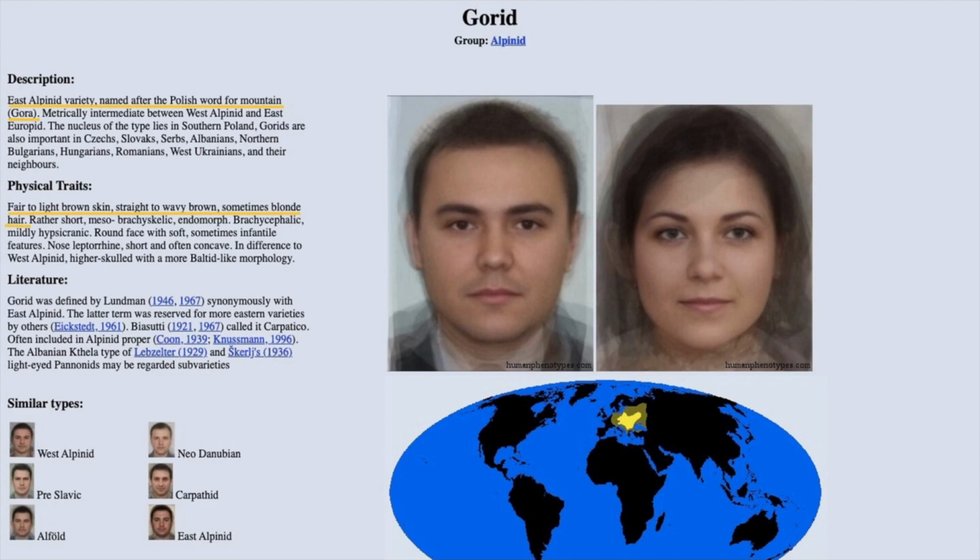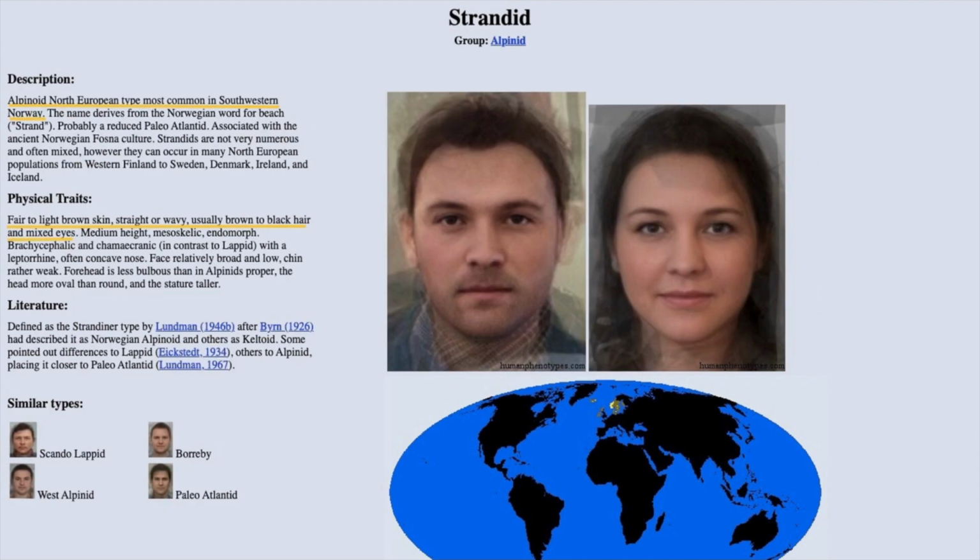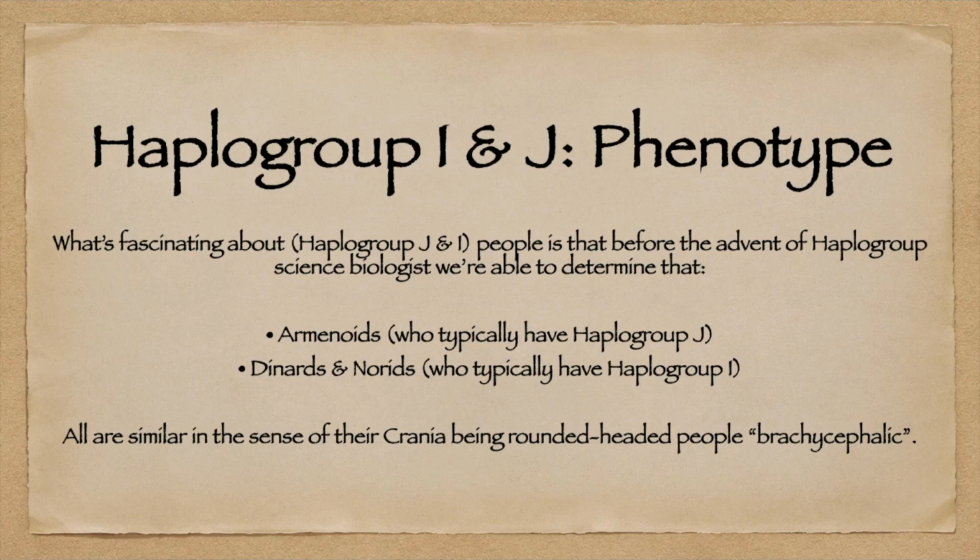And then you have the Gorid, the East Alpine variety, named after the Polish word for mountain, Gora, fair to light brown skin, straight to wavy brown, sometimes blonde hair. And then you have the Strandriid, the alpinoid North European type, most common in southwest Norway. Fair to light brown skin, straight or wavy, usually brown to black hair, and mixed eyes.